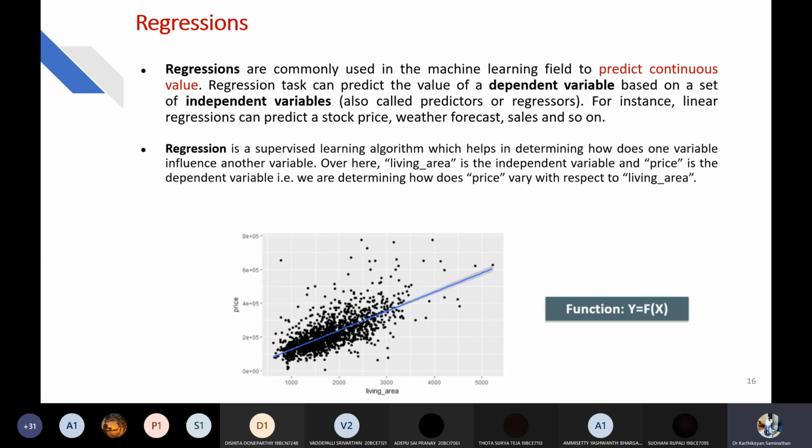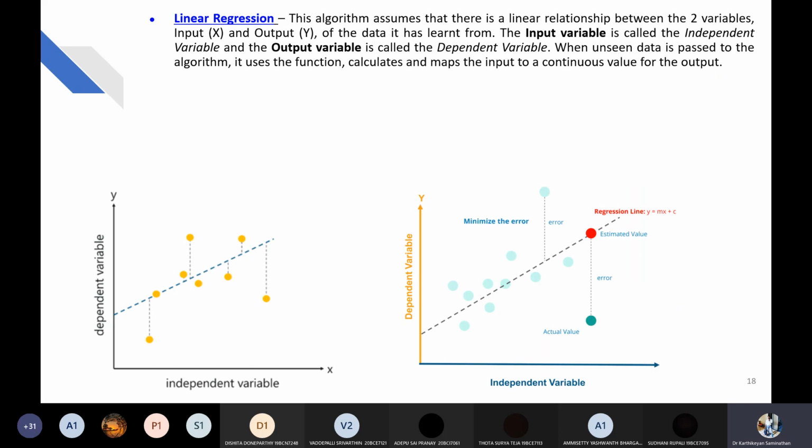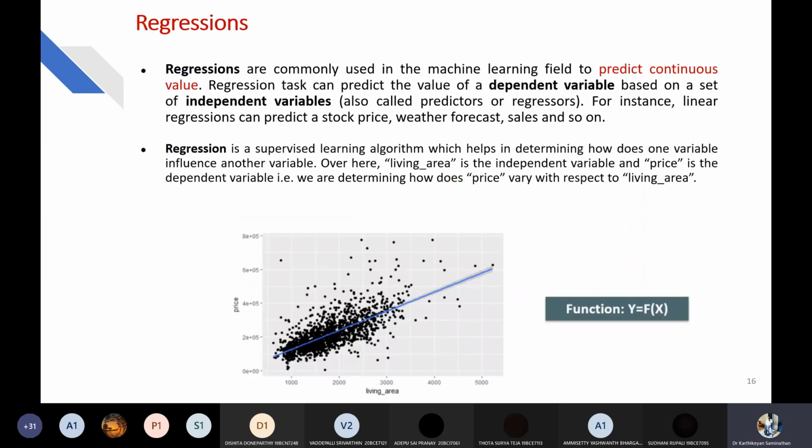Regression is commonly used in the machine learning field to predict continuous values. A regression task can predict the value of a dependent variable based on a set of independent variables, also called predictors or regressors. For example, suppose y equals mx plus c.